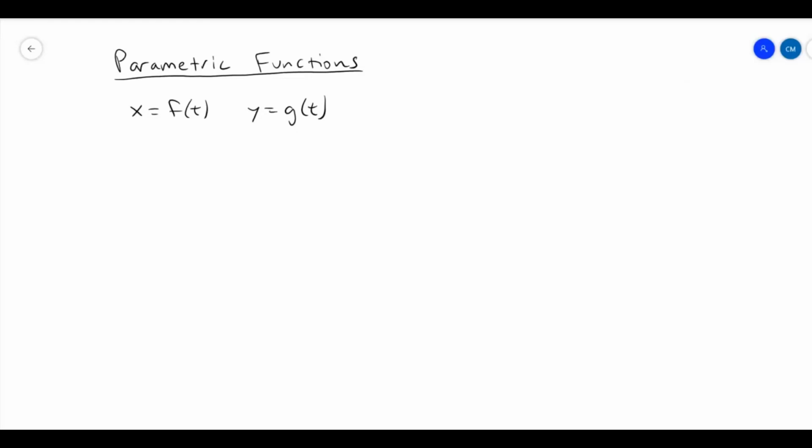Again, I think on these ones, probably the best way to see what's happening is to just do a couple of examples. So here we've got x being defined in terms of t, y being defined in terms of t, and t being given some interval, in this case between -1 and 2.